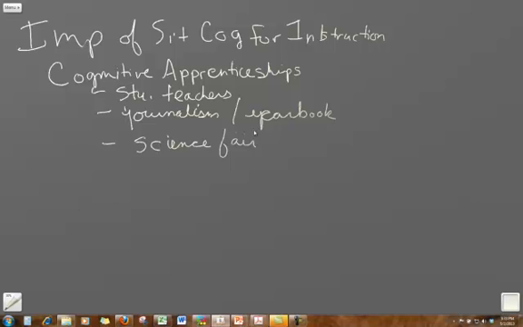Some of the advantages to cognitive apprenticeships are that they are very complex and they're authentic. And complexity can be good, right? Because if we have some complexity, we're requiring people to think and to learn. And they also have authenticity. So if I sit in class and I just have you define a hypothesis and define variables, that doesn't necessarily help you to work with those things in the same way a scientist would.